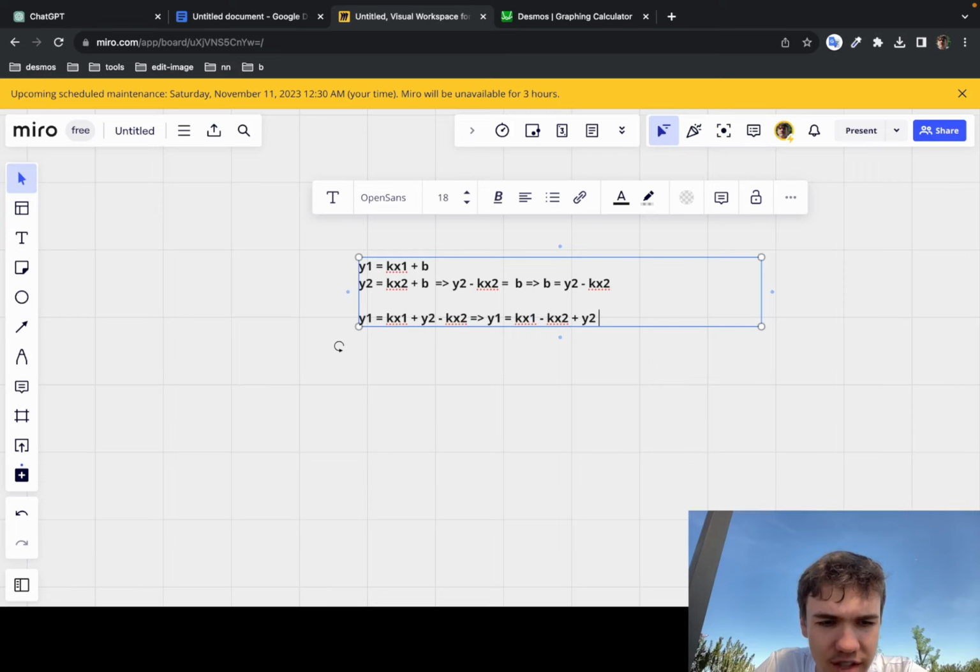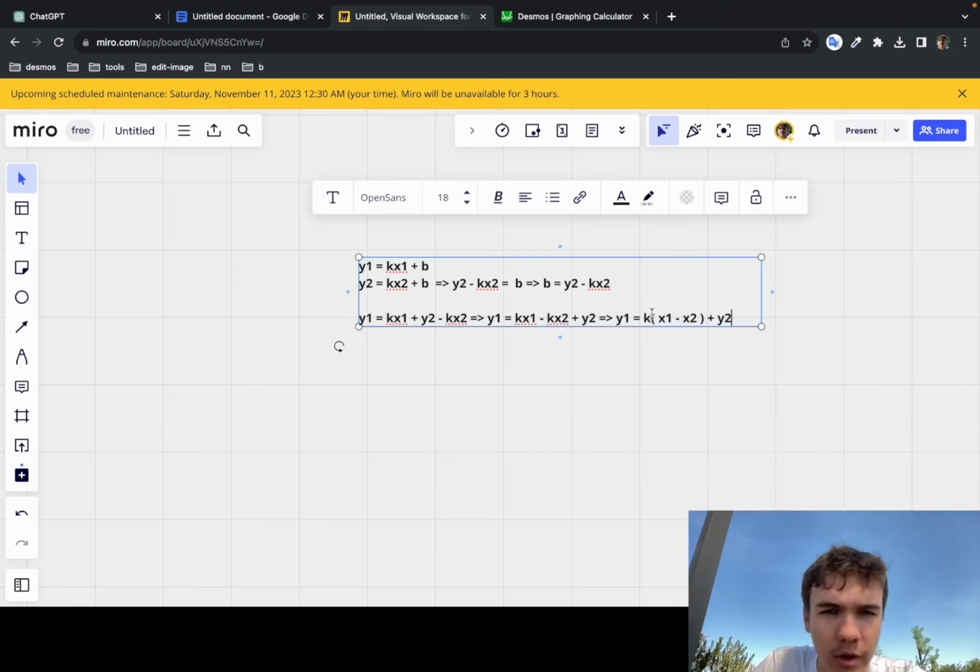So what I can do here is say y1 is equal to k, and then brackets, and inside the brackets x1 minus x2. Those of you who are not familiar with this may ask how this actually works, and the answer is that if I multiply k by x1 and minus x2, I get absolutely the same. So I get kx1 minus kx2, which works fine, and then I just add y2.